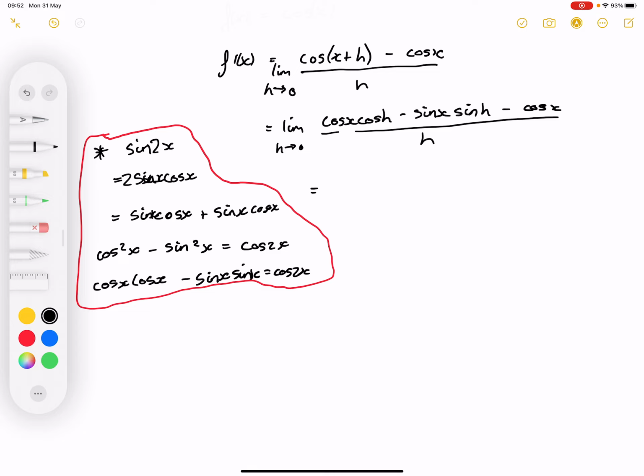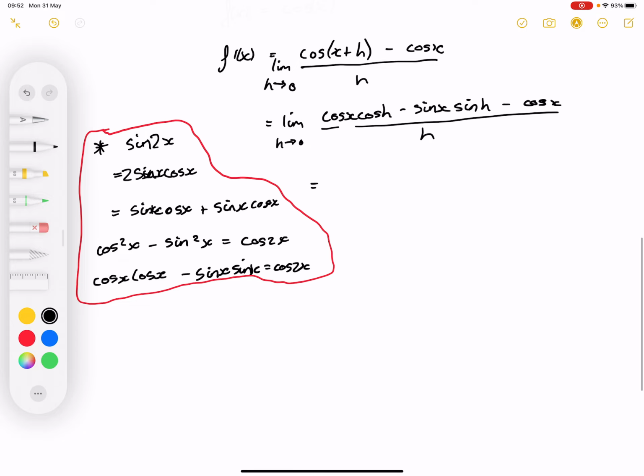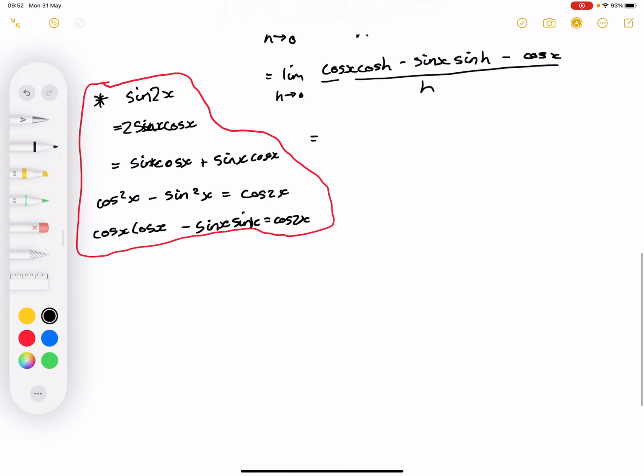And that will be equal to, I'm sorry my equal signs aren't aligned, but hey ho, the limit as h tends to 0.